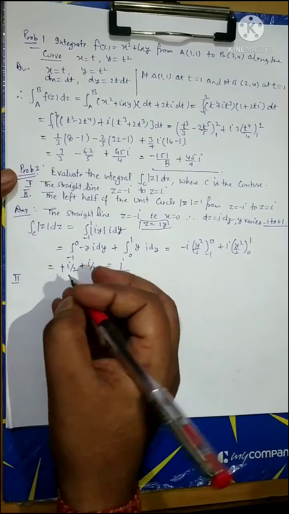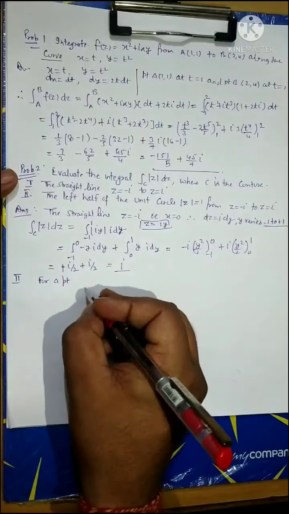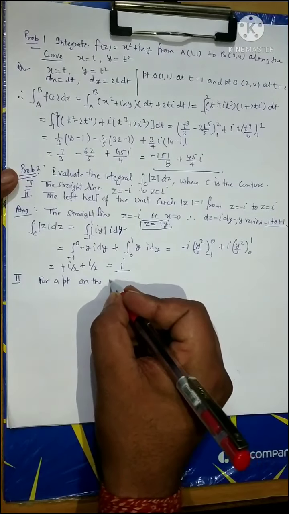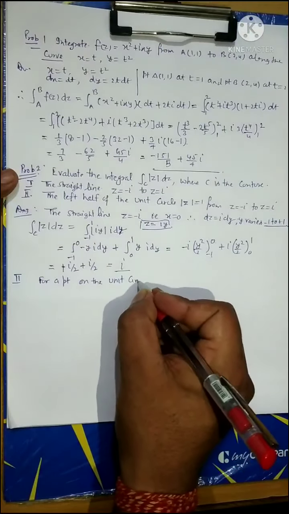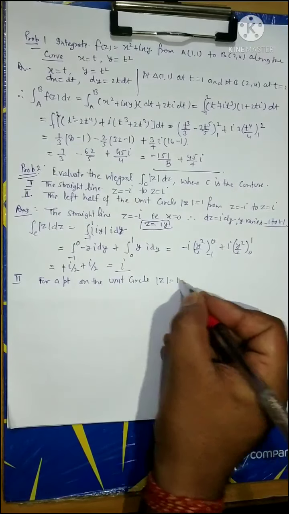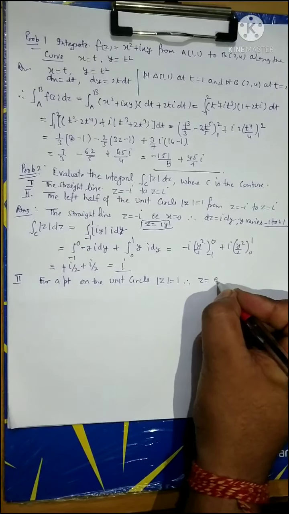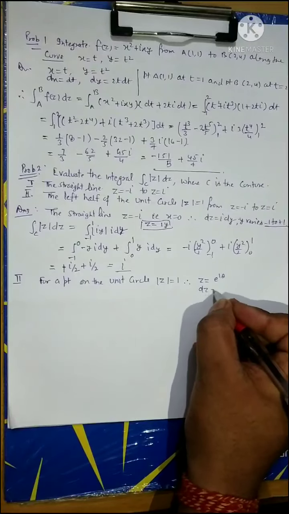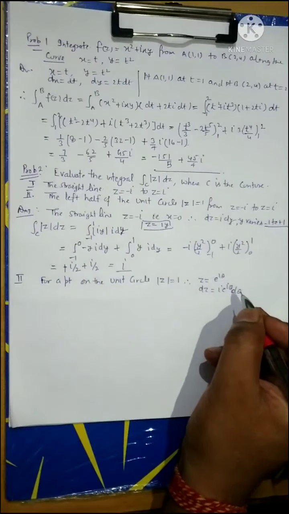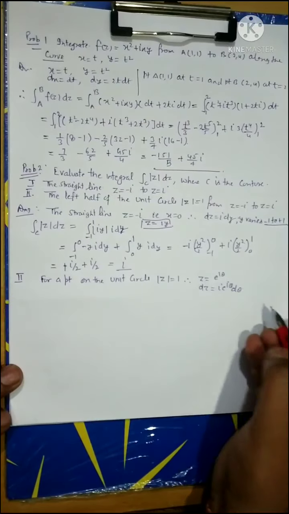For a point on the unit circle |z| = 1, z = e^{iθ}. Now dz = i e^{iθ} dθ, where θ varies from 0 to 2π for the complete circle.